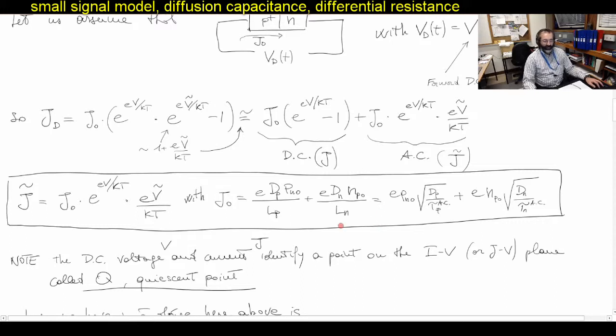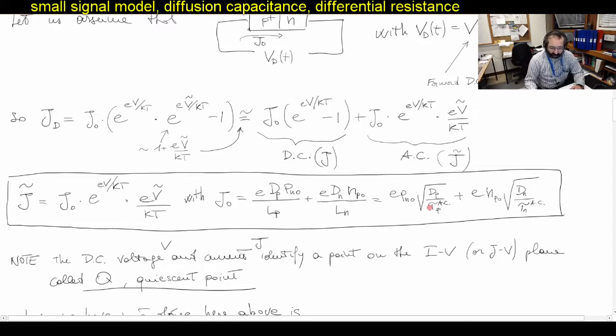I'm simply using the definition of Ln and Lp that we saw yesterday and doing the needed simplifications. And this is the point I wanted to reach, to start doing the steps required to use all these things toward finding the diffusion capacitance.